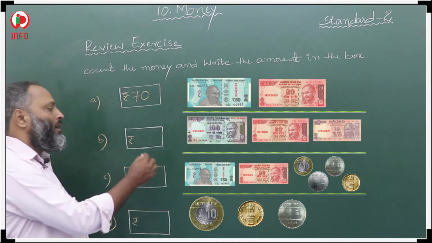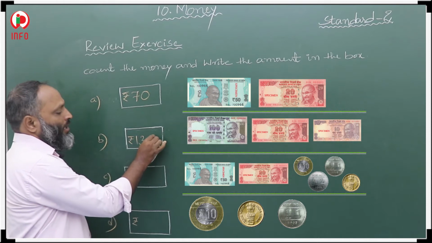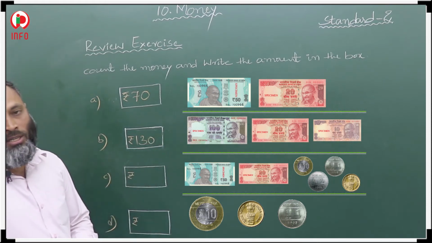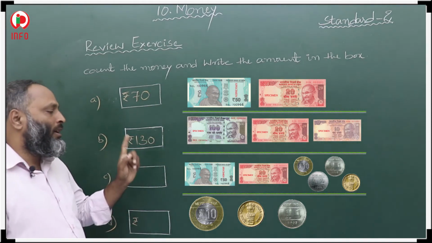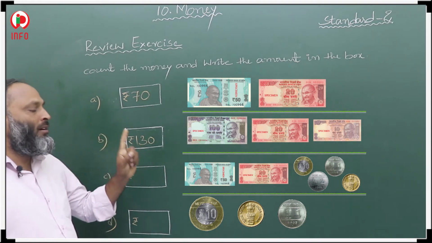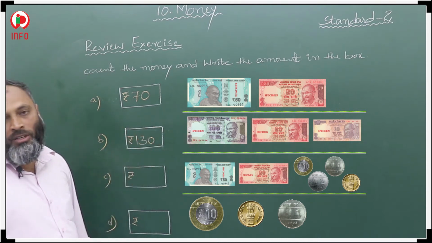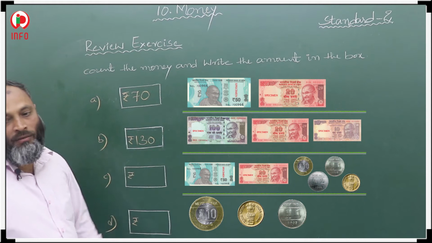So what is the total currency value? 130 rupees. Total 3 currency notes are given: 100, next 20, next 10. 100 plus 20, 120, 120 plus 10, 130 rupees.